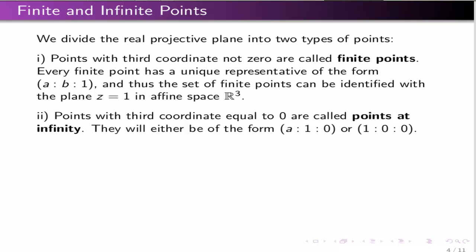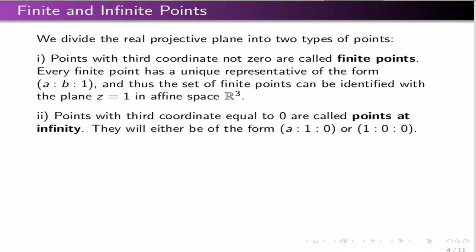Any point in the projective plane where the third coordinate is not 0 is called a finite point. And because the third coordinate is not 0, you can simply scale it down to make the third coordinate equal to 1. So every finite point has a unique representative where the z coordinate is equal to 1.